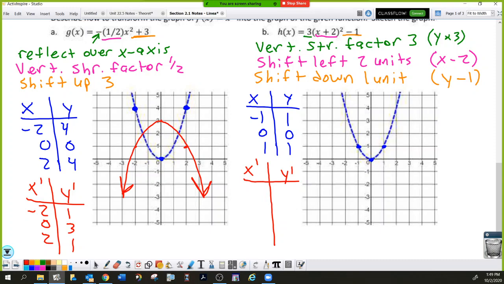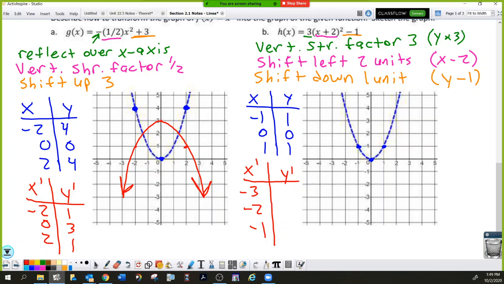I'm going to look over there and I'm going to see that there's only 1 on the x's, and it's the fuchsia one. And it says take 2 away from your x's. So I'm going to look at my x values of -1, 0, and 1, and I'm just going to subtract 2 from each of them. -3, -2, -1. That was easy.